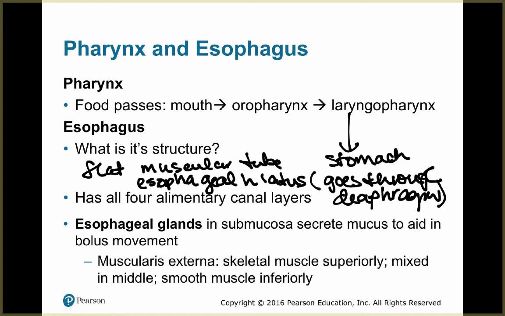And basically, it's going to connect to the stomach at the cardial orifice. Let me go up here.